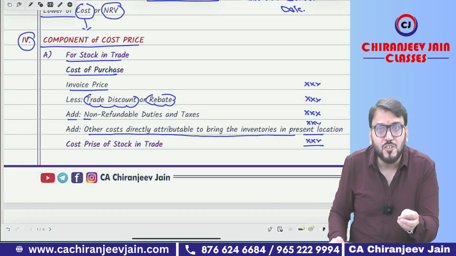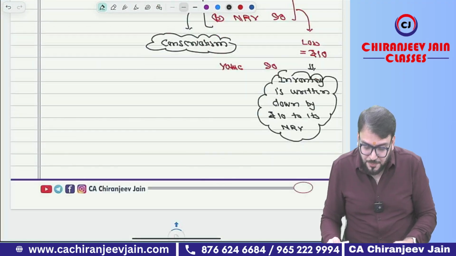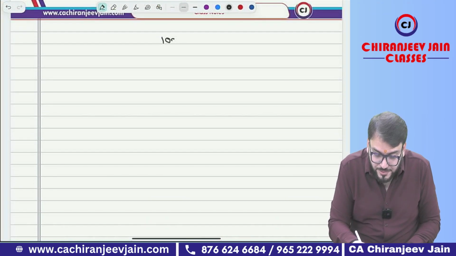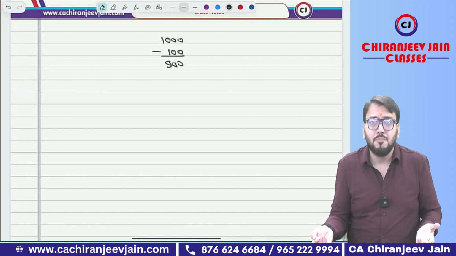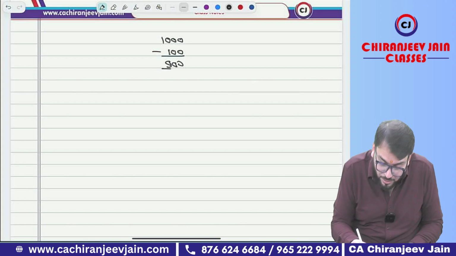So just try to understand, if I purchase an item at rupees 1000 and I am given a discount of 100, my actual cost is 900 only. This is on the acquisition date.